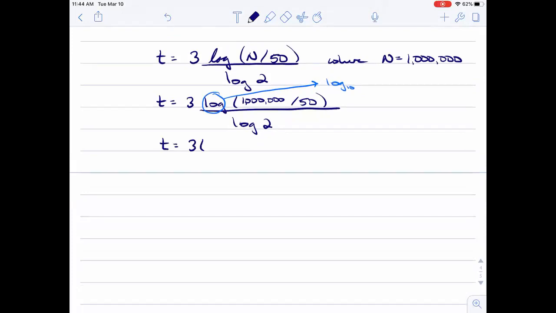T is 3 times, and I'm going to keep all my decimal places in my calculator, 4.301029996 divided by the log base 10 of 2, which is 0.3010299957.